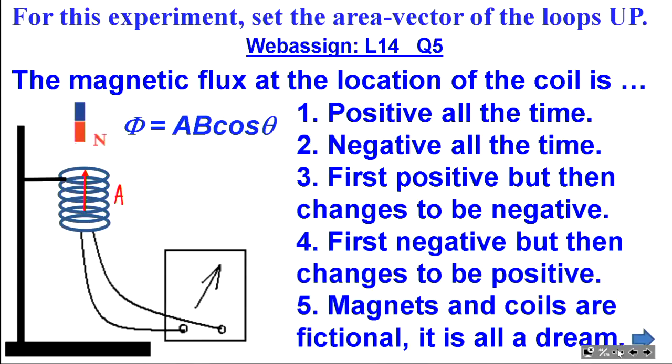Will flux be always positive, always negative, or change from positive to negative, or first negative, then positive? Don't choose 5. Magnets and coils do exist. You know that. And the answer, of course, again, is in the magnetic field lines.